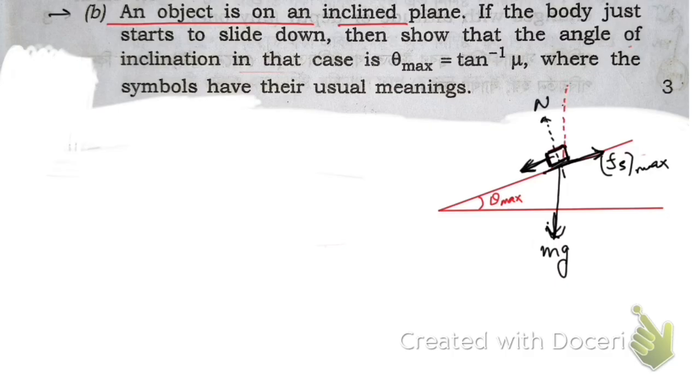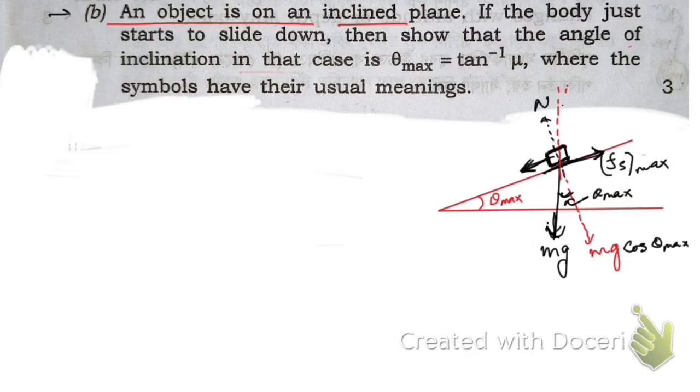Now here you see, let me produce this in this direction. Now here you see, this is also mg. If this is theta max, this must also be theta max, right? This angle must also be theta max. Then this is mg cos theta max, right? This is mg cos theta max.